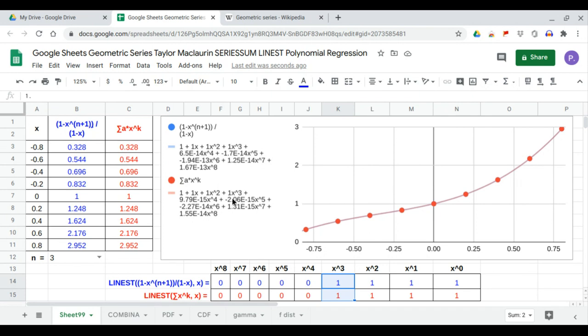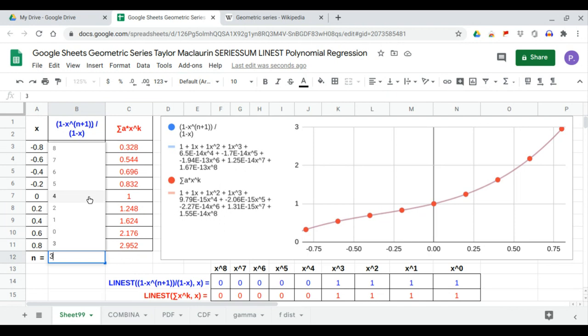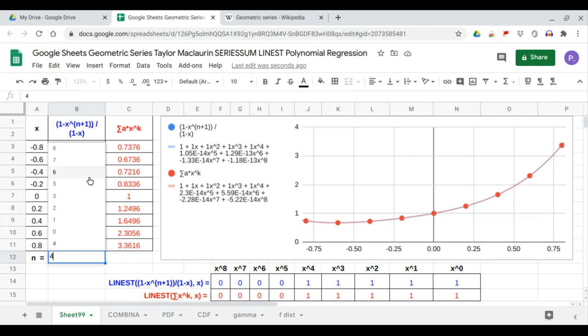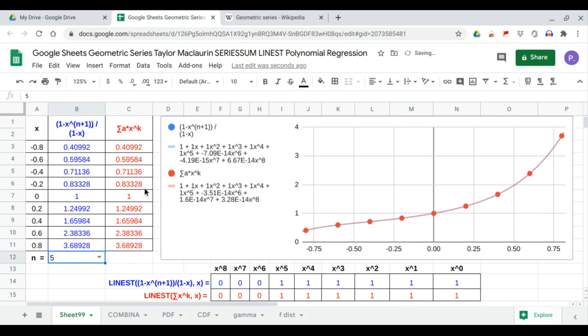Same thing with the Taylor-Maclaurin series expansion. At n equals 4, our polynomial is 1 plus x plus x squared plus x cubed plus x to the fourth. Same thing with this. At n equals 5, the polynomial is 1 plus x plus x squared plus x cubed plus x fourth plus x to the fifth.